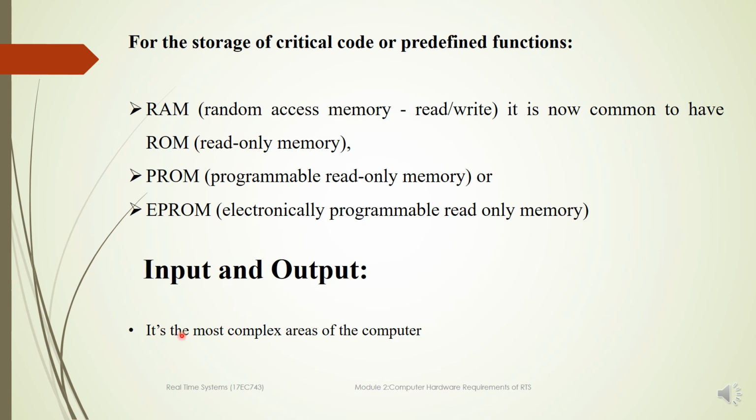Hence in such cases the device may require parallel or serial data transfers, like different A to D converters or D to A converters. So this is one of the most complex areas of the computer. In a general purpose computer, input output becomes much more complex because it is necessary to take care of devices operating at different data rates.